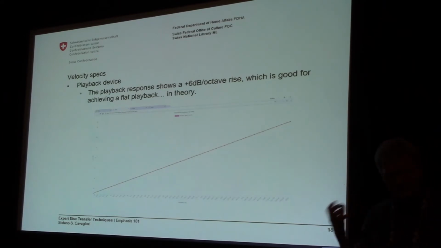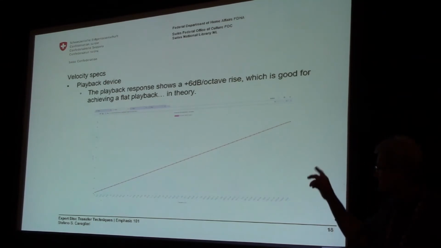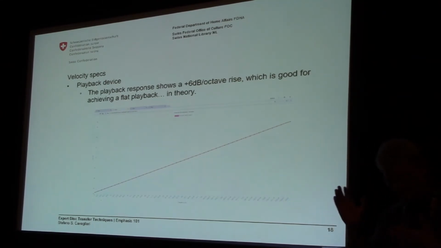If you take, for example, a magnetic cartridge, the quicker the stylus moves, the higher the voltage is at its output. So if we compensate the previous curve with this one, we get a flat playback, always in theory.